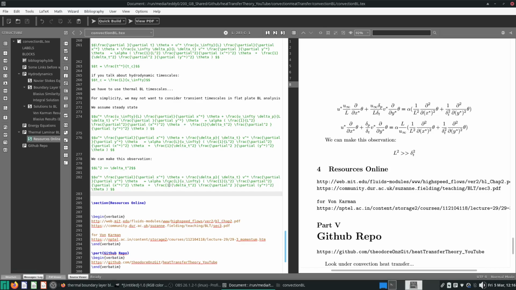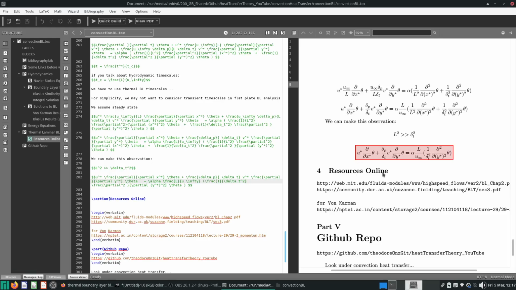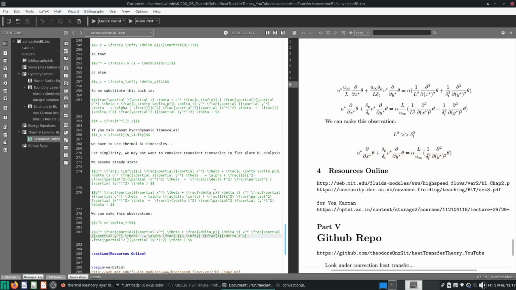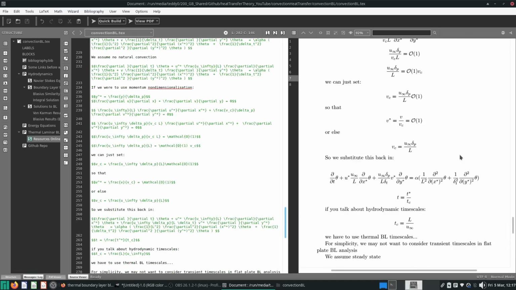Everything else we keep, because we don't know what the relative order of magnitude is. But this for sure we can cancel. So we cancel this second derivative of theta with respect to x term. The rest of it we leave here, and this is our non-dimensional form, which we'll just leave first.